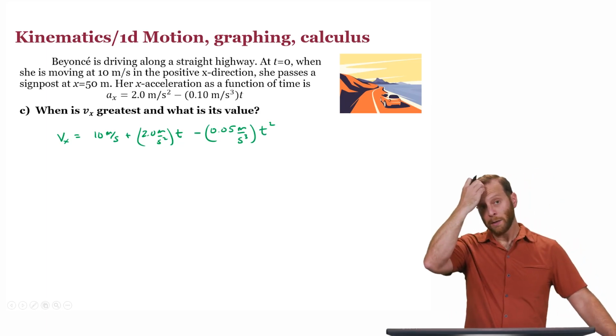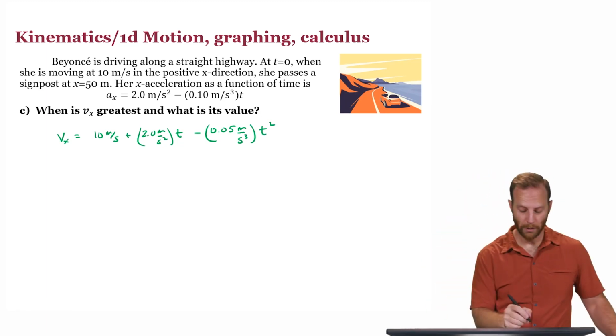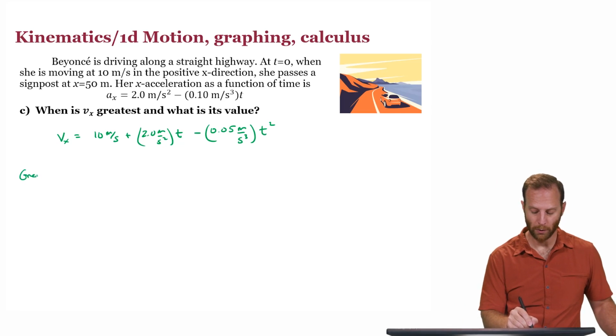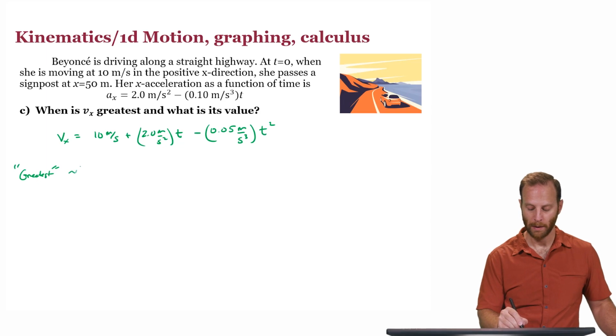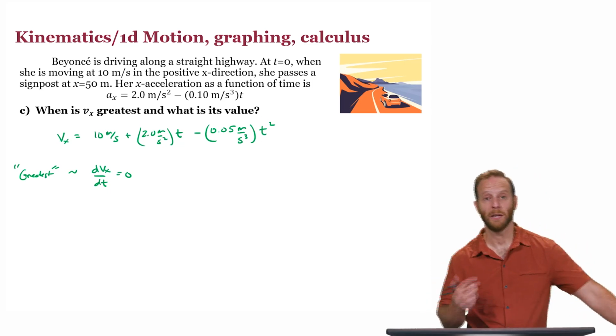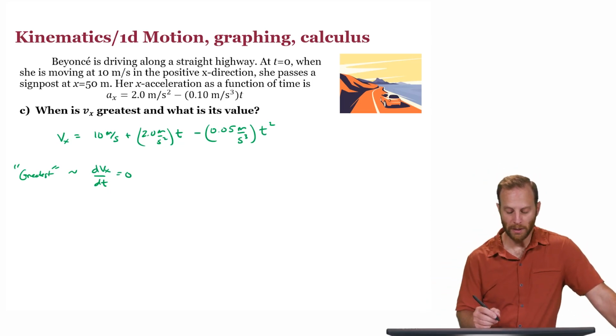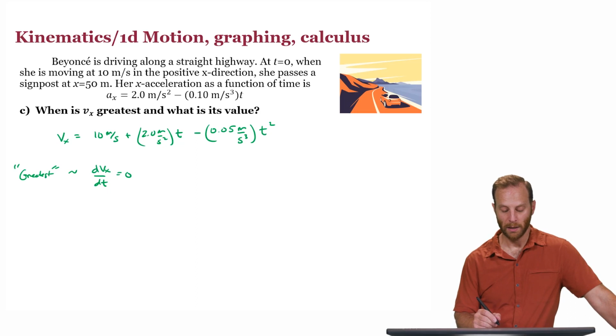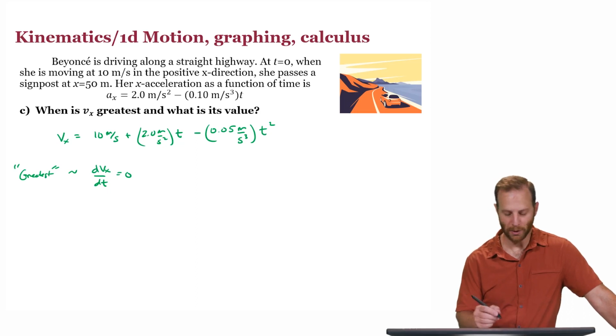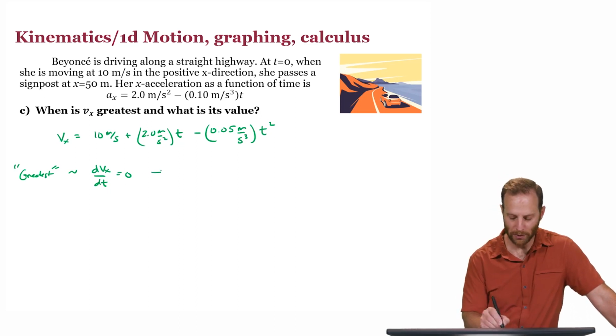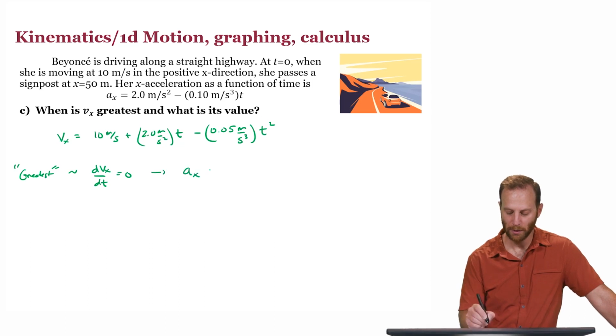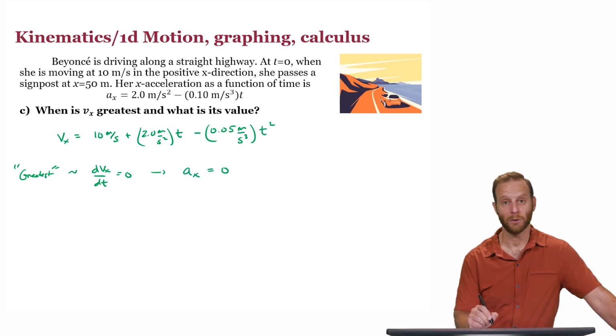The idea here is that when v is the greatest or maximum, that occurs when the derivative of Vx with respect to time is equal to 0. That's an extremum. Now notice that dVx/dt, that derivative, is just the statement about the acceleration. It's when is the acceleration equal to 0.